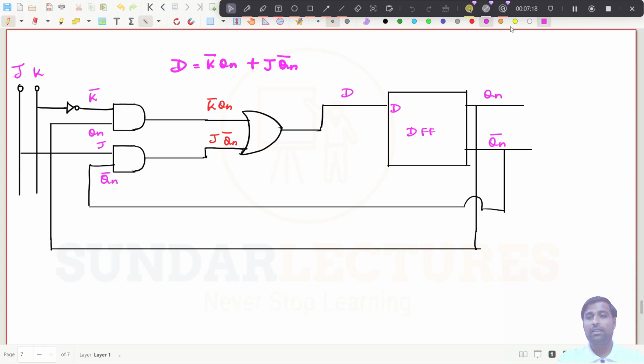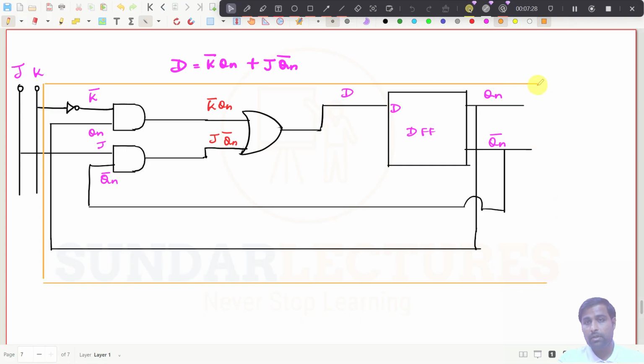The point is this one now should be taken as this. That means you have to take this one, and then this one. This is Qn, this is Qn bar.